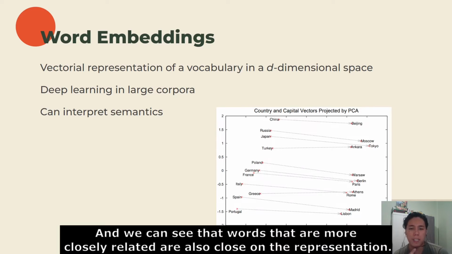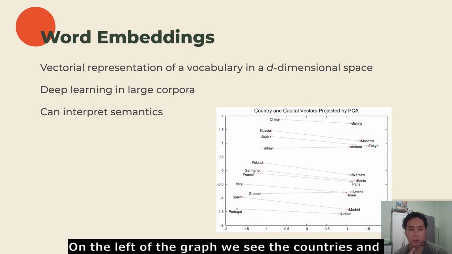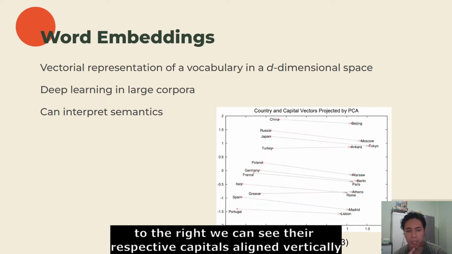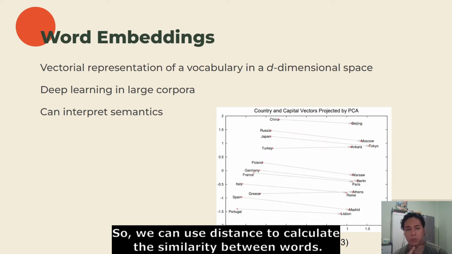And we can see that words that are more closely related are also close on the representation. So on the left of this graph, we see the countries, and to the right, you can see their respective capitals aligned vertically. So we can use distance to calculate the similarity between words.